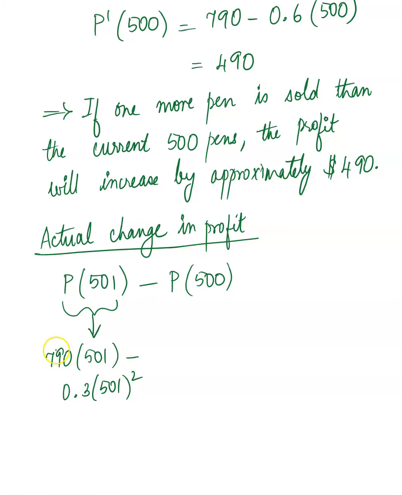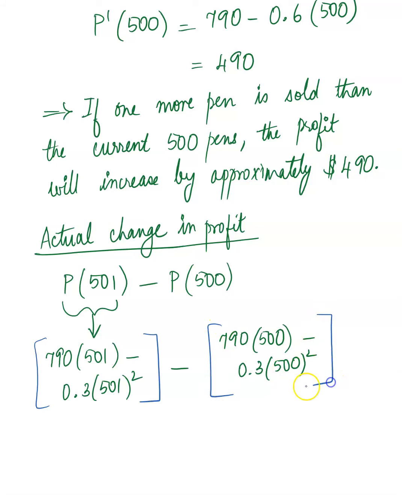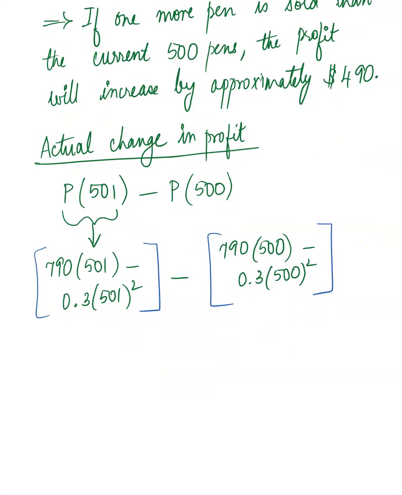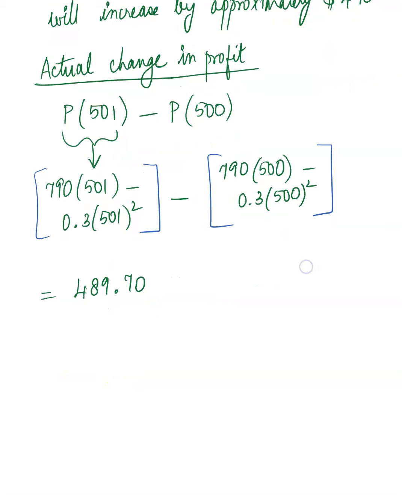Okay, so I'll just put that here. That minus, for 500, it's 790 times 500 minus 0.3 times 500 squared. Go ahead and do that. If you compute each one of them with your calculator, of course, the result comes out to be 489.70.